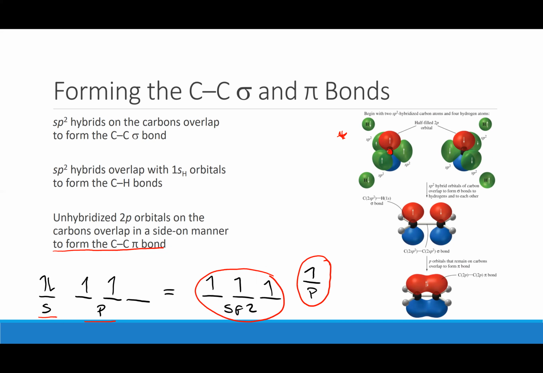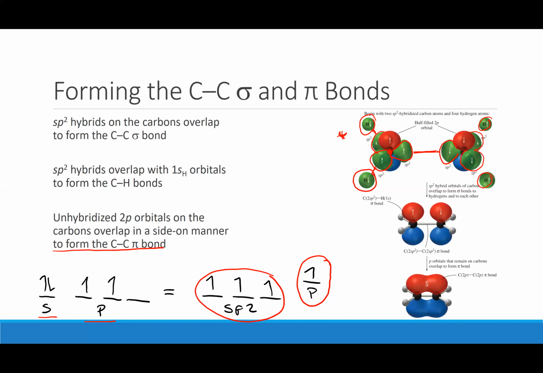So the green orbitals are its 3 sp2 hybrid orbitals right here, here, and here. You can see one of those orbitals is going to form a bond with a hydrogen. Another orbital is forming a bond with a hydrogen here. Another orbital is going to form a bond with this carbon next door that is also sp2 hybridized. And you can see the same thing happening over here.